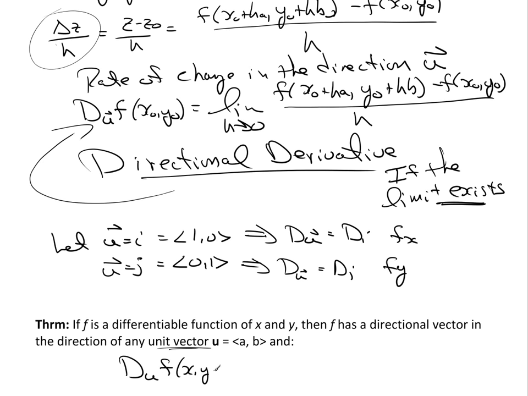So this is notation. The directional derivative of f in the direction of u is equal to the partial with respect to x of (x, y) times a, plus the partial with respect to y of (x, y) times b. Remember, these are components right here. There's my b and there's my a.